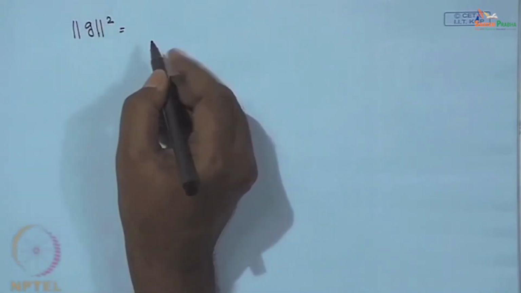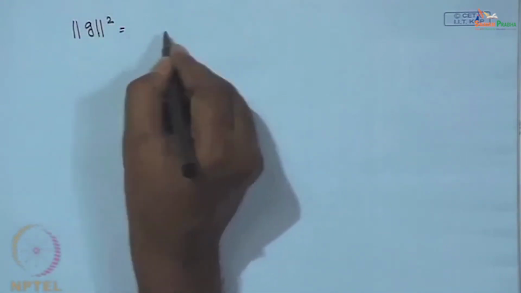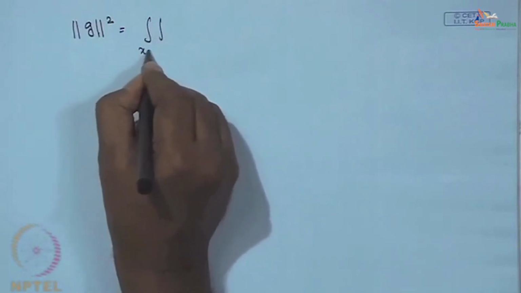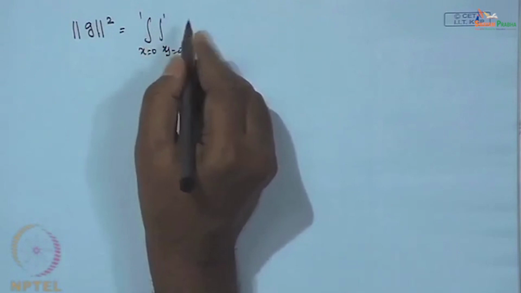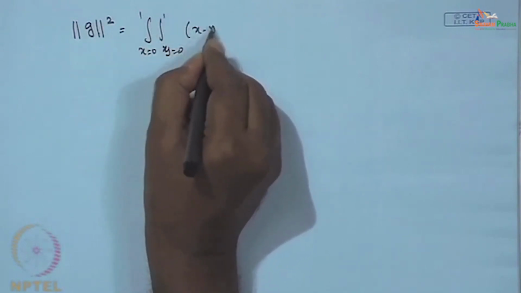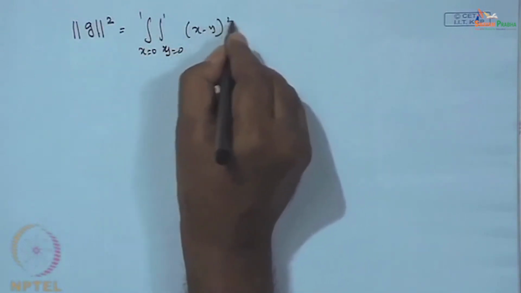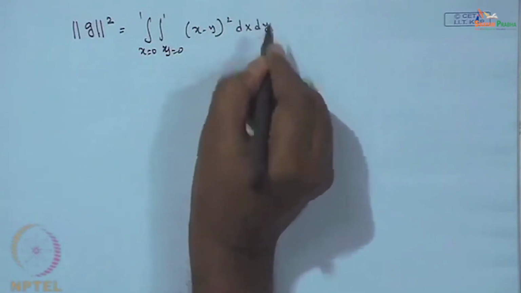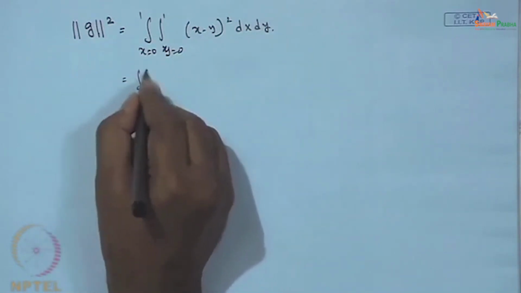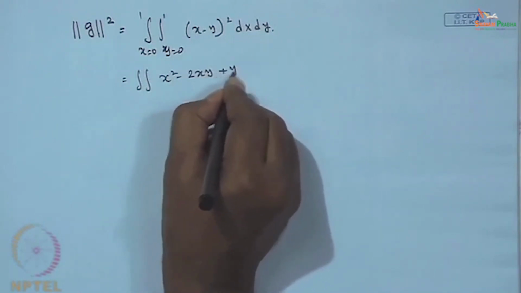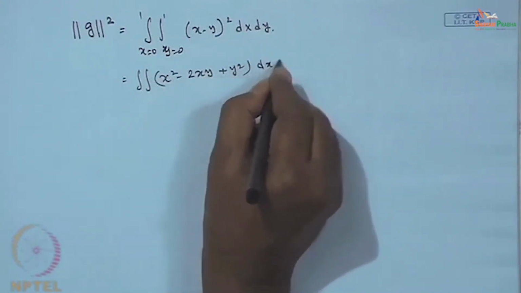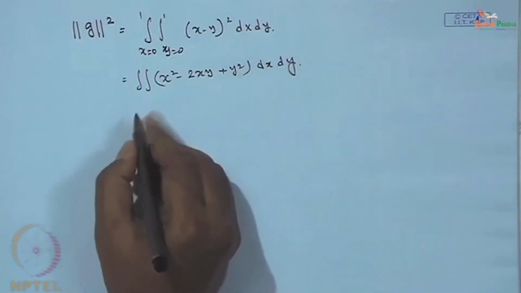This is given as norm of g square is nothing but integral over x, integral over y, (x minus y) square dx dy. So, it will be the double integral of x square minus 2xy plus y square dx dy.